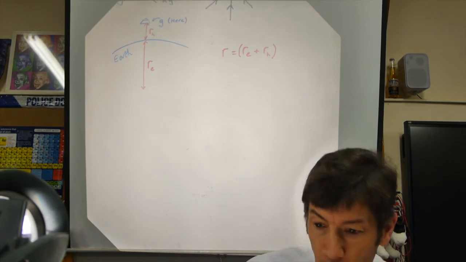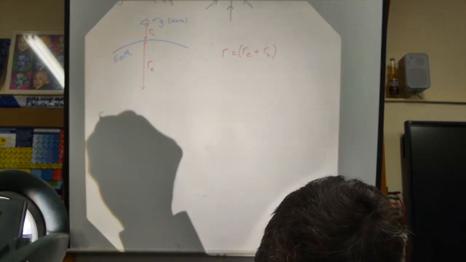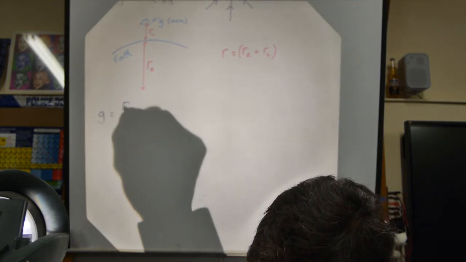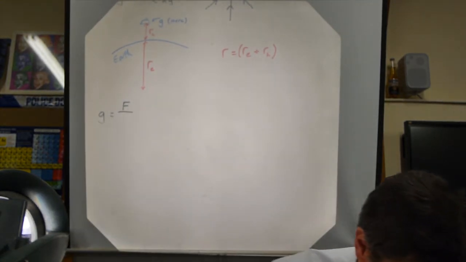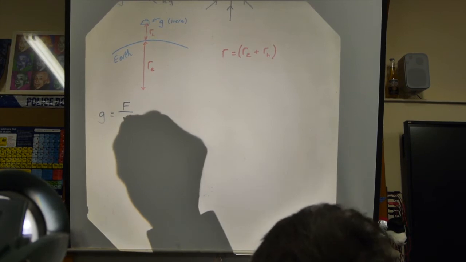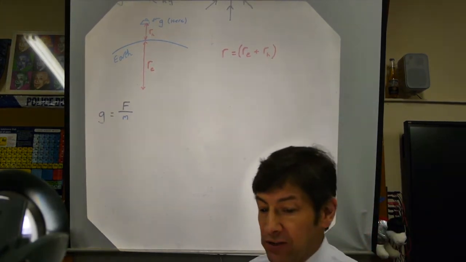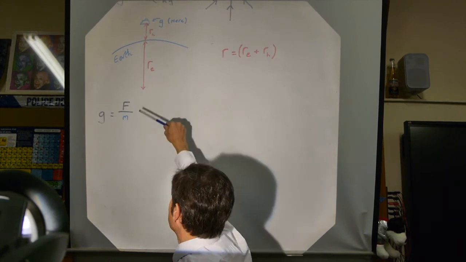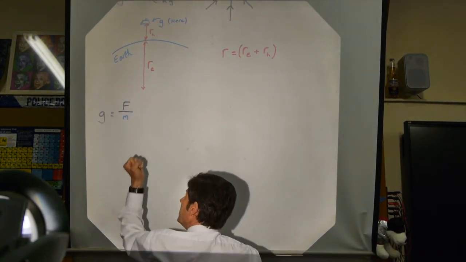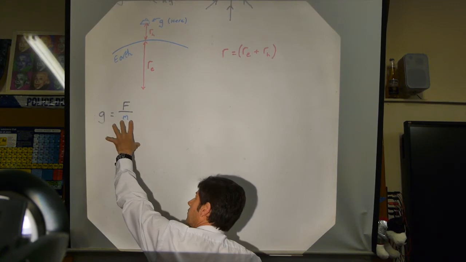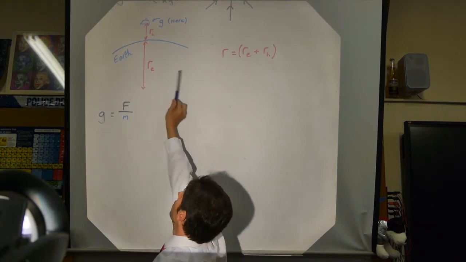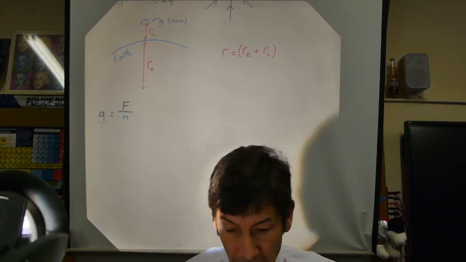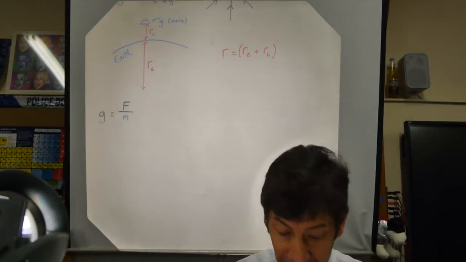So we know that the gravitational field strength at any point is the force per unit mass. Okay, so I'm going to put a little m there. And remember that that's the force acting on the test mass. Okay, so this is the object being pulled in the gravitational field that we're interested in. Not the Earth, if you see what I mean, not the large mass. Okay, or at least it's easier to think about it in that way.